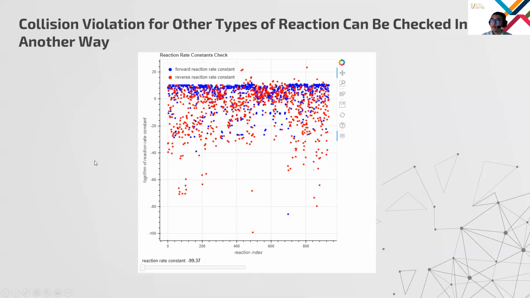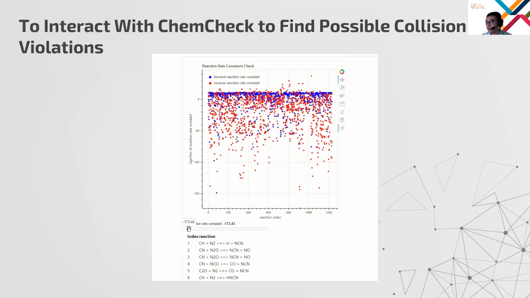If you want to detect other types of reactions for collision violation, Chemcheck will help users plot the logarithm of rate constants for each reaction, and users can specify the cutoff by dragging this bar to specify the magnitude of the collision limit, and then it's going to filter out all the suspicious reactions, and users can further investigate these suspicious reactions.